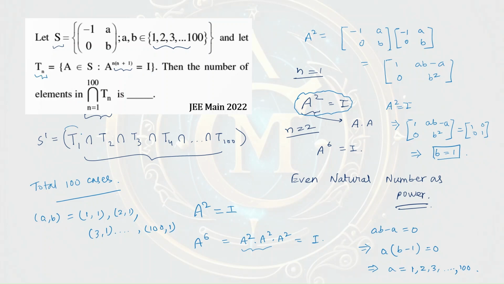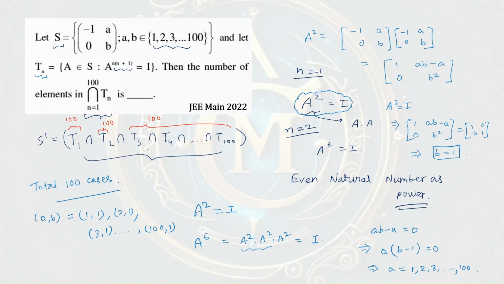Now this T1, if we consider this case we just calculated, where A square has to be equal to I, gives us 100 ordered pairs. Now T2 will also give us 100 ordered pairs, but those ordered pairs will be the same as the ordered pairs that we just calculated. So for all these cases, there will also be 100 ordered pairs of A and B, and in each case the ordered pairs A comma B will be the same.